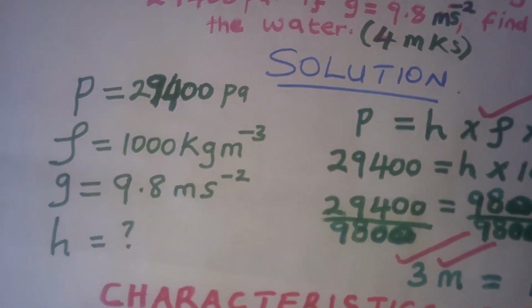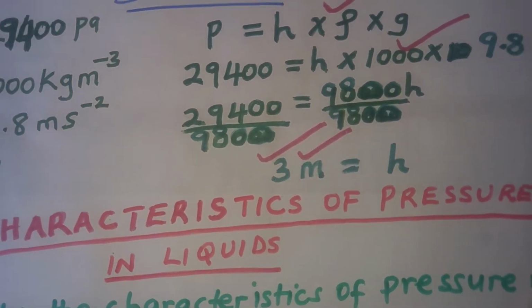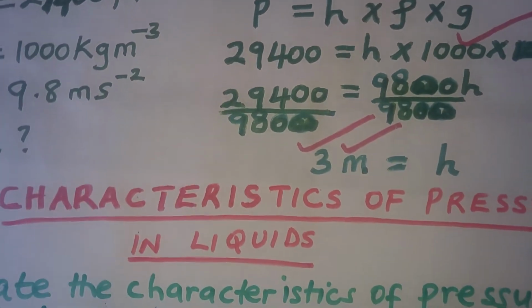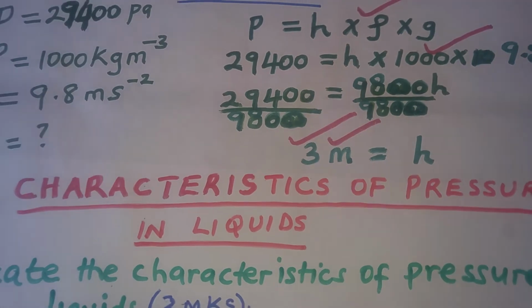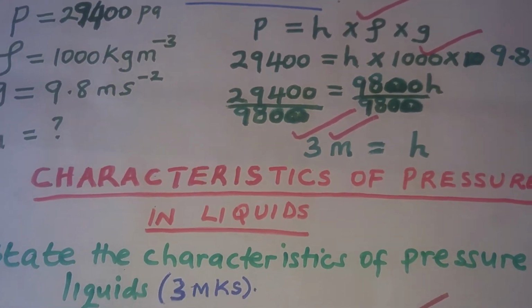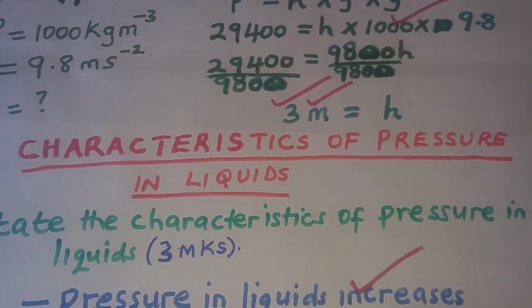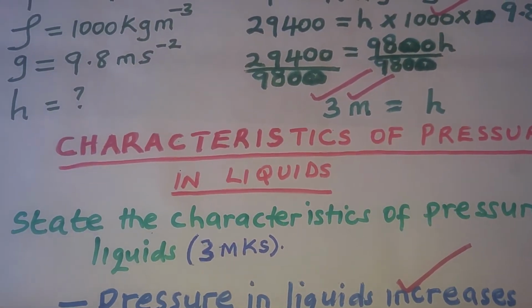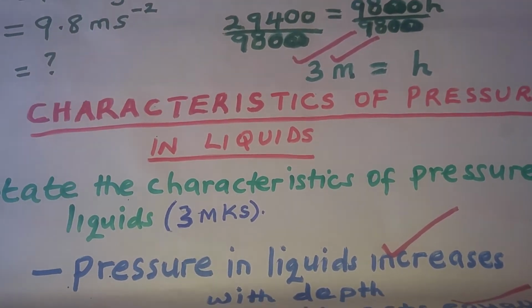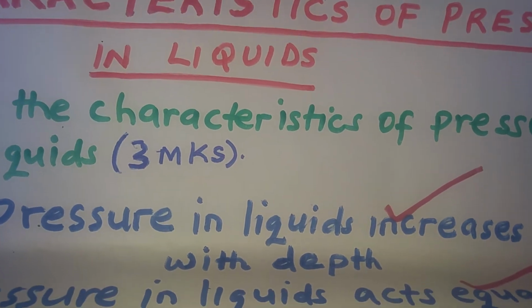Okay. Now, what are the characteristics of pressure in liquids? The question now comes: state the characteristics of pressure in liquids. There are 3 main characteristics of pressure in liquids. The first one is pressure in liquids increases with depth.